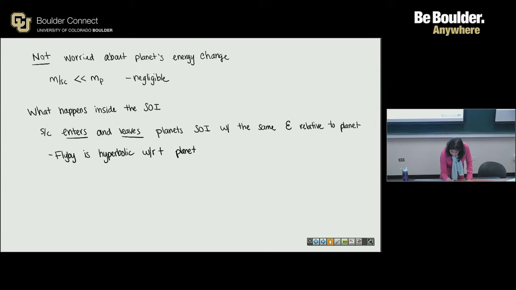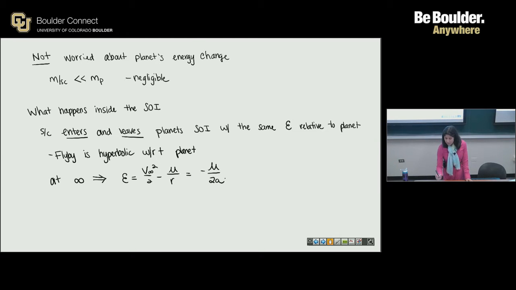So we can say that at infinity, let's just use the energy equation. Energy at infinity is going to be V infinity squared over 2 minus mu over r, which is minus mu over 2a. Well, we can kind of say that this is r infinity, right?